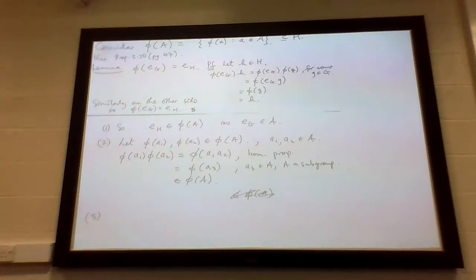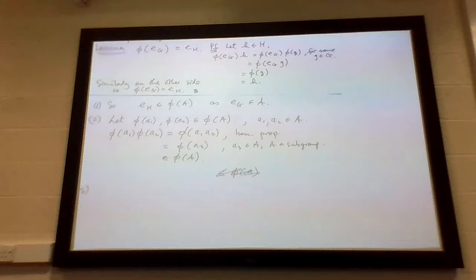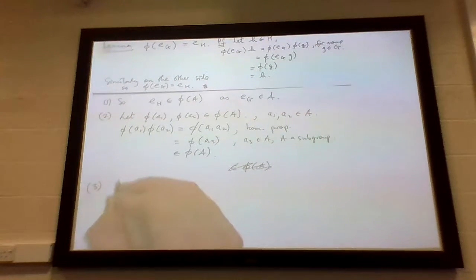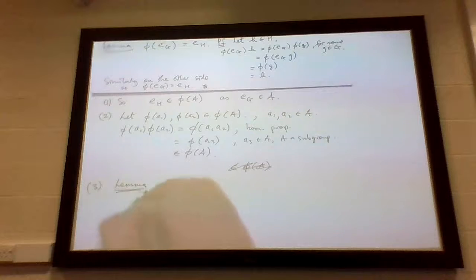Third, it contains inverses. Well, for this, you need another little lemma, a useful result to record in general. So what does the lemma say? Talk about inverses. How does a homomorphism interact with inverses? I was assuming that the image of an element and its inverse both map to their relative inverse image.